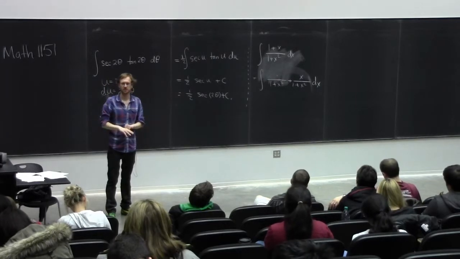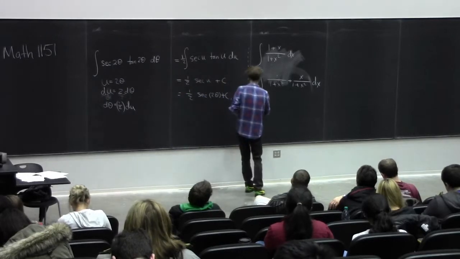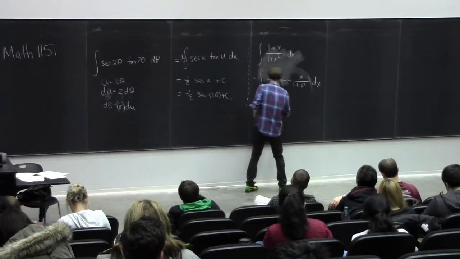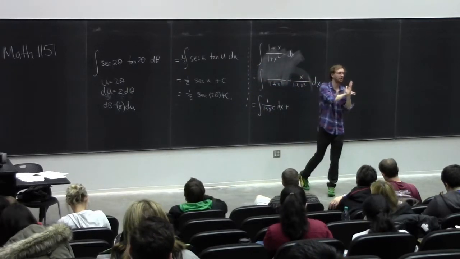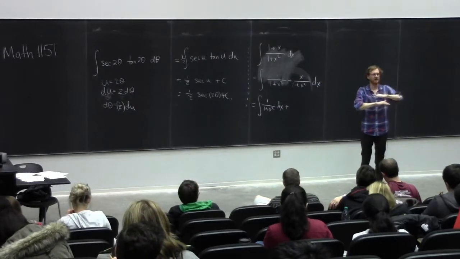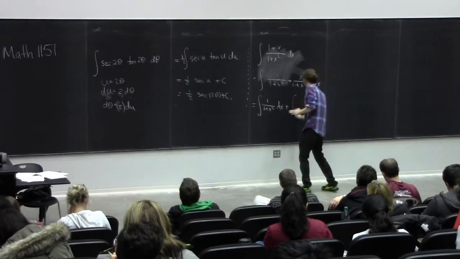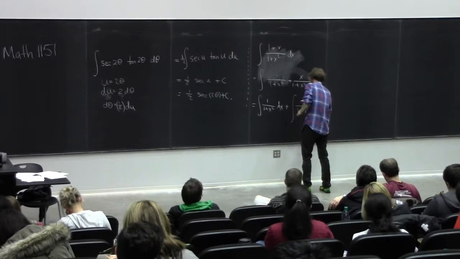Adding fractions here. This is now equal to the integral of 1 over 1 plus x squared dx. You can separate it out when it's a plus sign. Only when it's a plus sign or minus sign. Plus or minus the integral of x over 1 plus x squared dx.